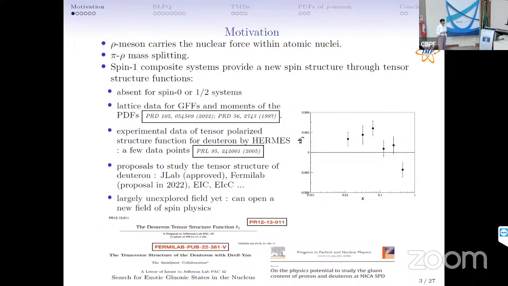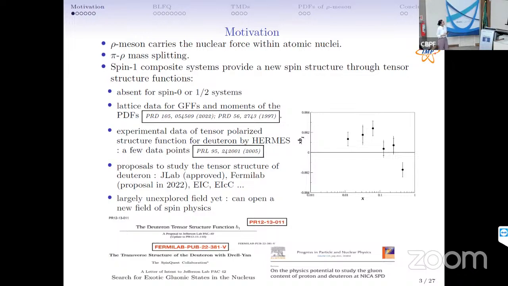Our motivation behind studying the rho meson is, as we know, the rho meson carries the nuclear force within the atomic nucleus, so it is crucial to study this particle. The second thing is we want to understand the splitting between the pi and rho meson.